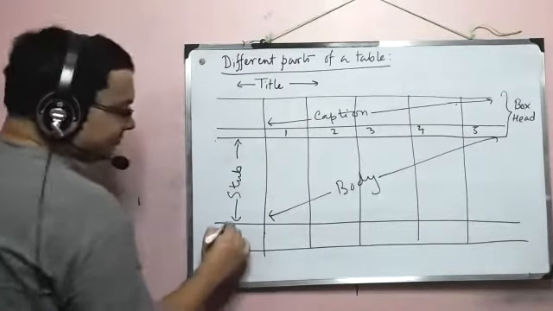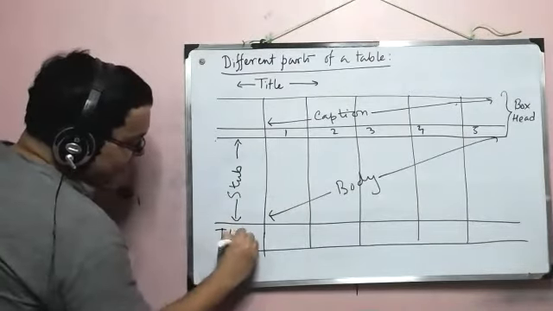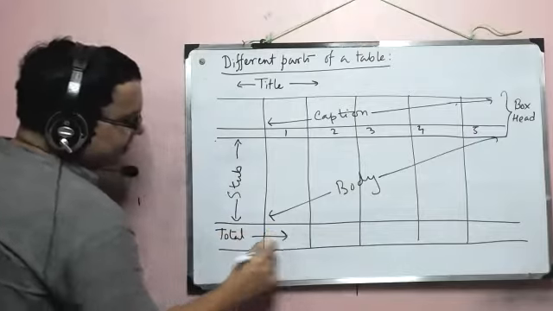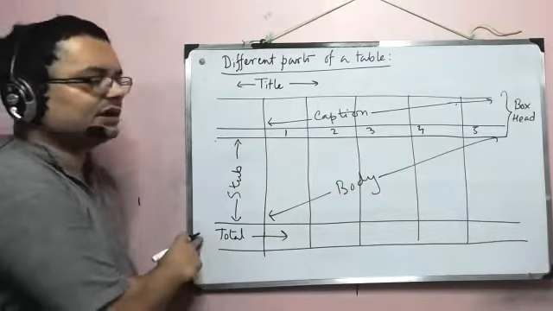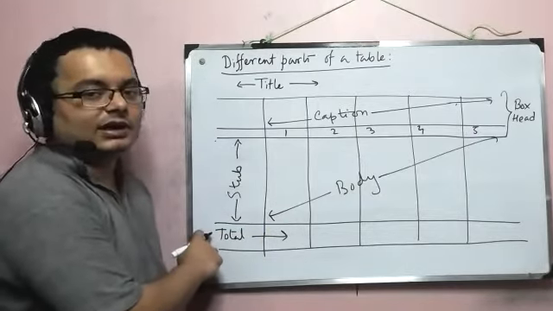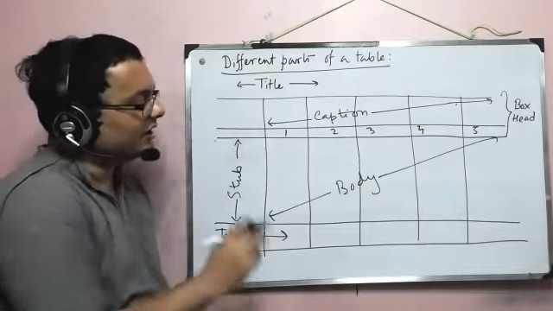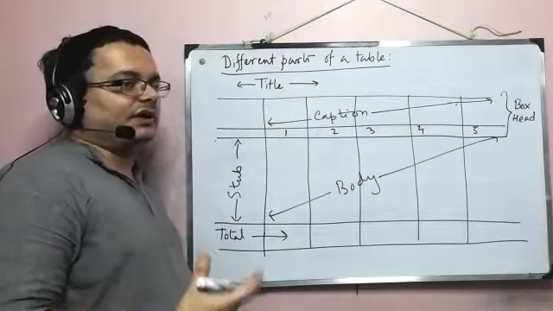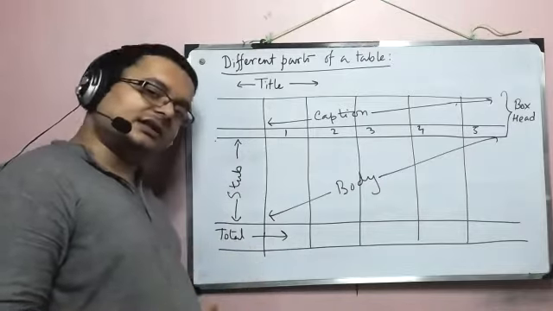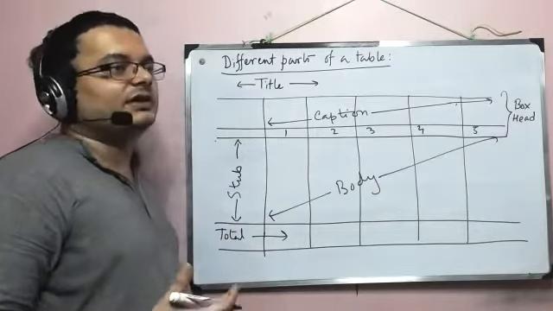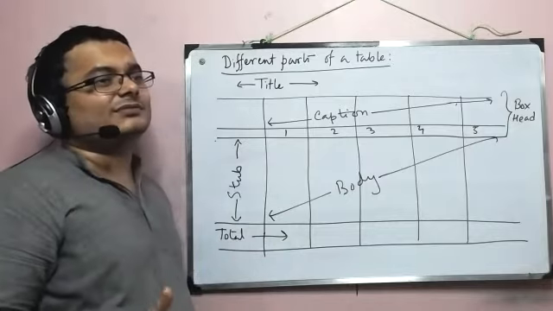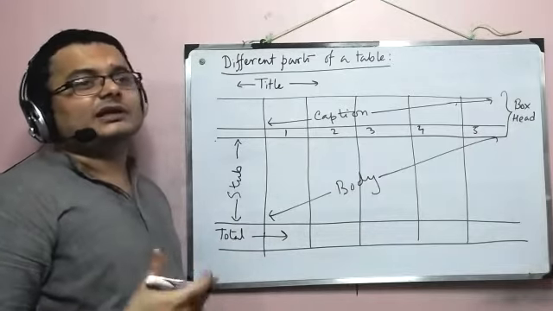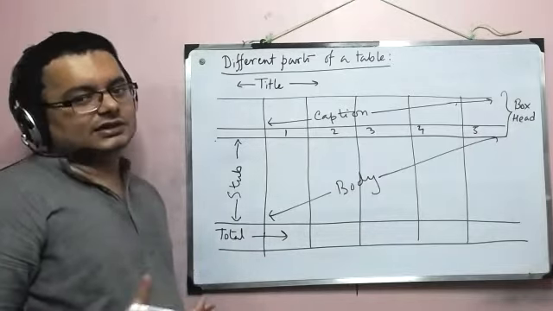And then the most important part, total. This total is a very interesting entity when it comes to constructing a table. Why? Because there may be some total figures in which we will be interested, and there can be some total figures which are completely meaningless, which don't mean a thing.